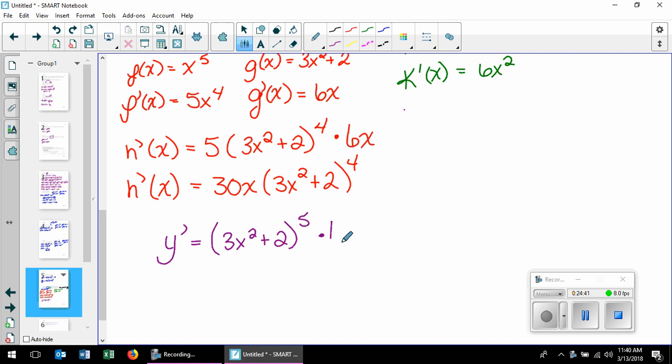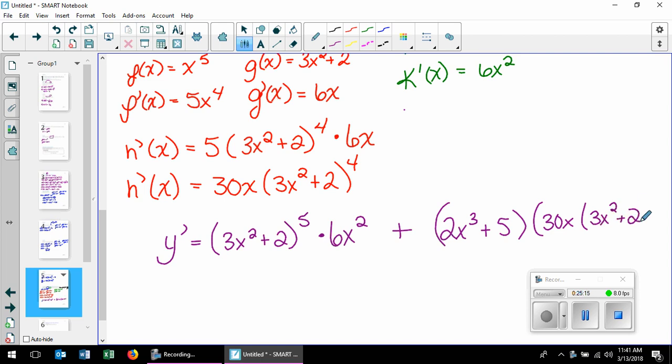Times by 6x squared added to the k of x function original, which is, what's the k of x function? Scroll up too far. 2x cubed plus 5 times by the differential of the second one, which is 30x times 3x squared plus 2 to the exponent 4.